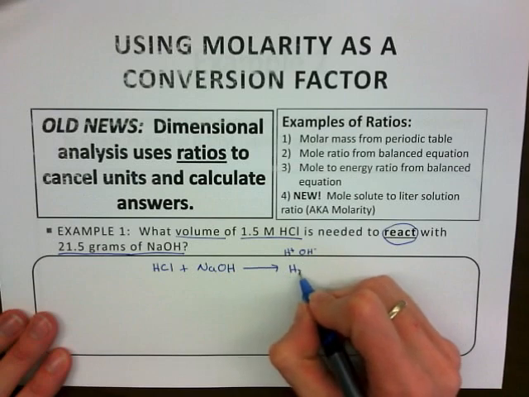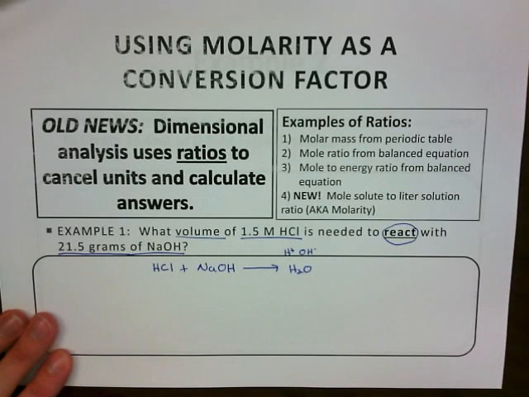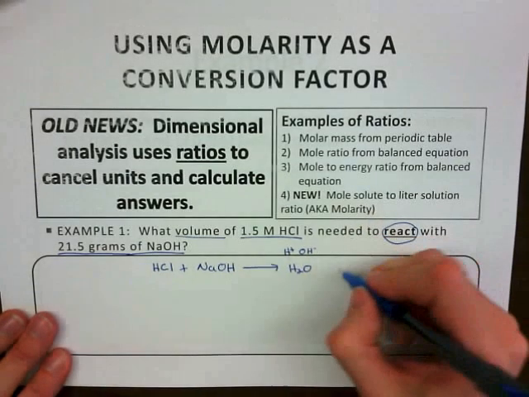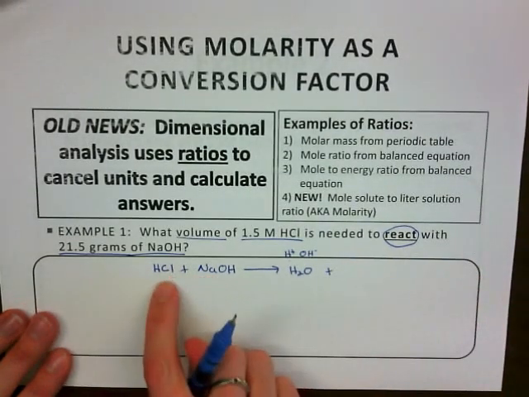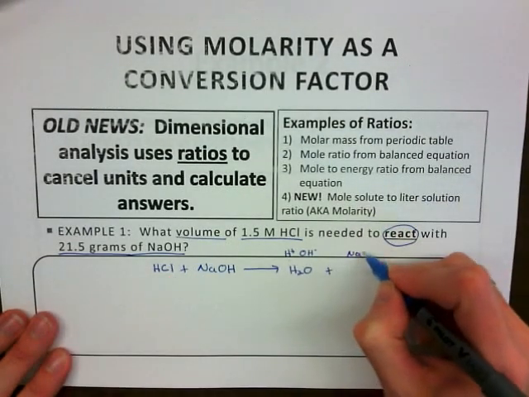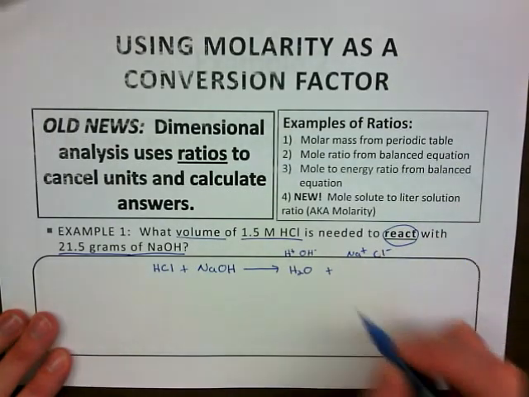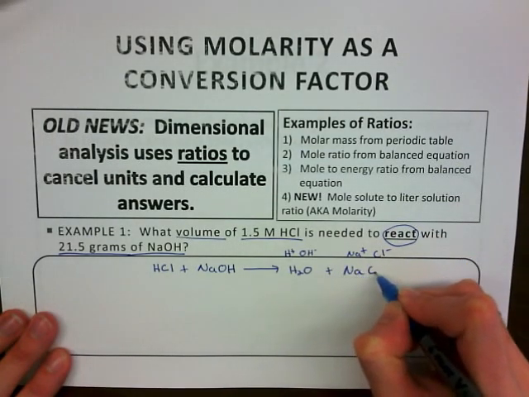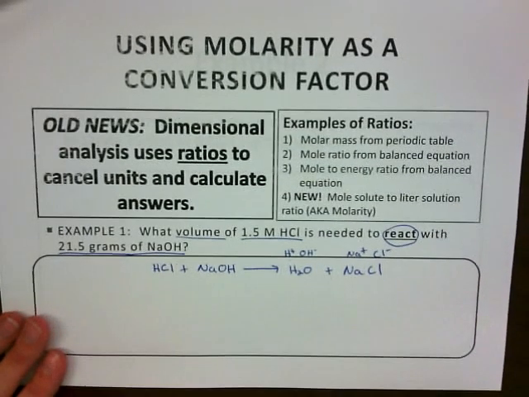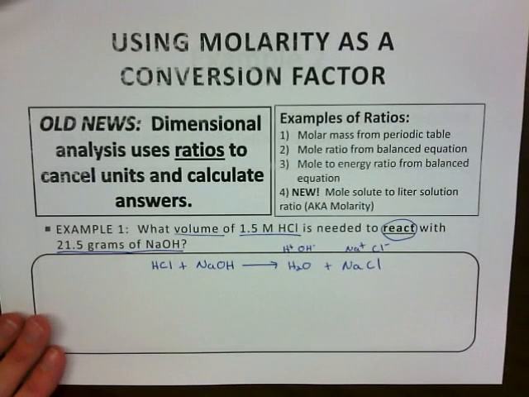That's just water, HOH or H2O, whichever way you want to write it. And then I have sodium and chlorine, which are going to combine together. Sodium is plus 1, chlorine is minus 1, and NaCl.